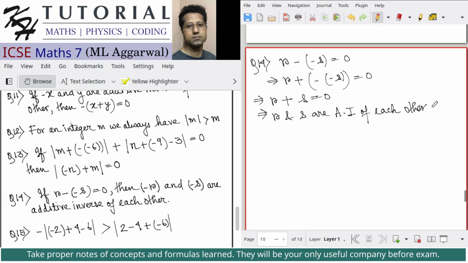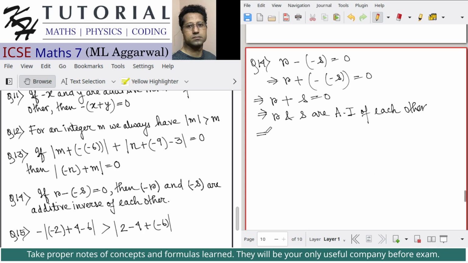Now the statement is saying that minus r and minus s are additive inverse of each other. Is it true? If we know that r and s are additive inverse of each other, can we say negative of r and negative of s are additive inverse of each other? Yes, it is true.